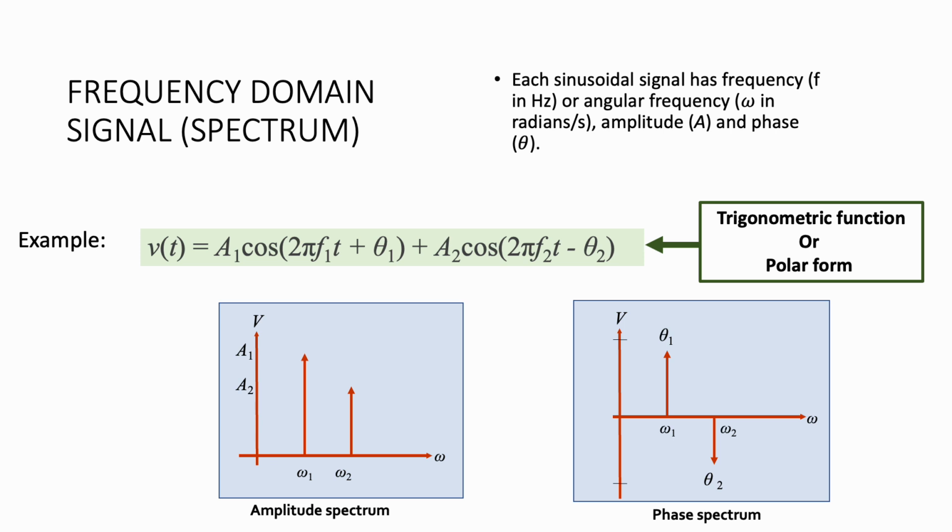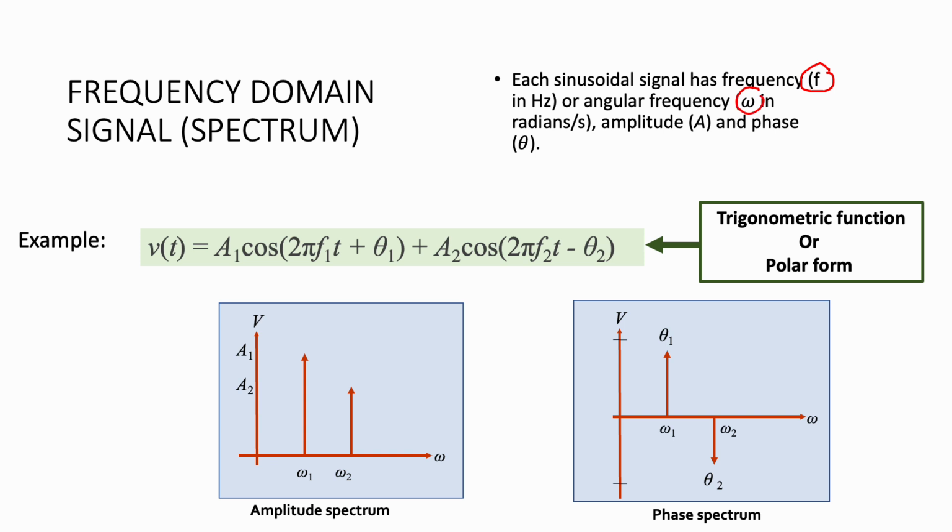Now let's look into the frequency domain spectrum. Each sinusoidal signal has a frequency. Usually the symbol is written as F, in hertz, or as angular frequency.